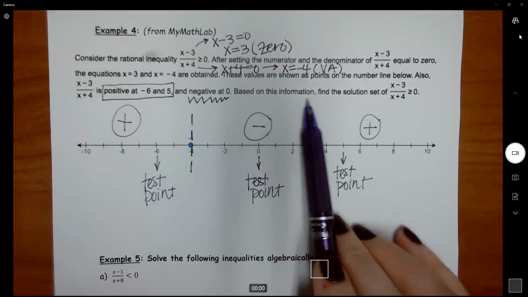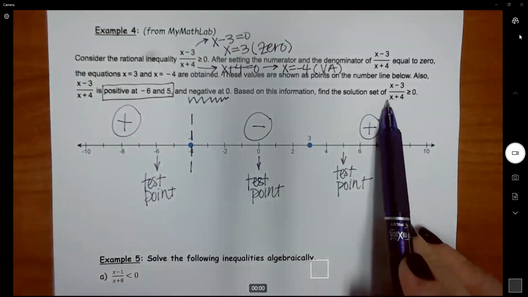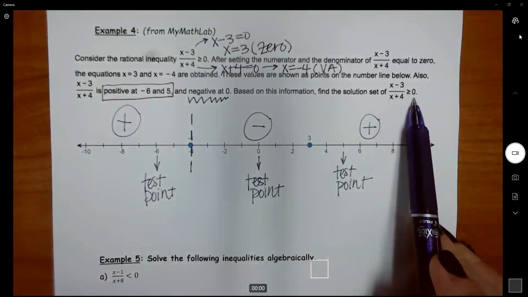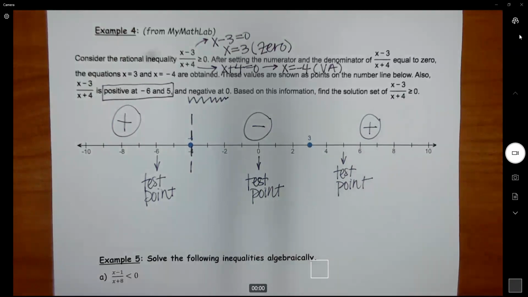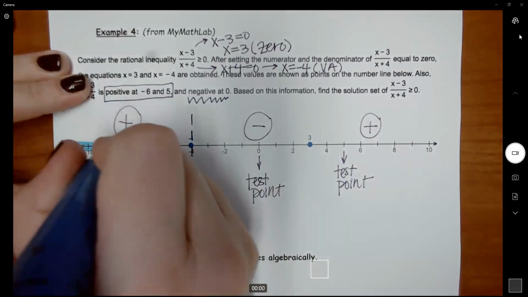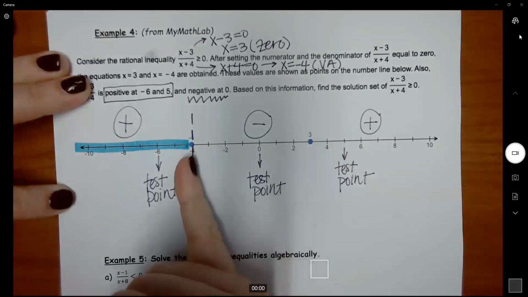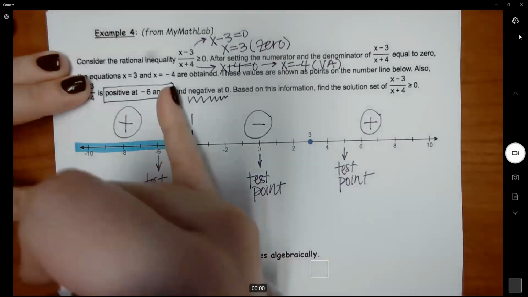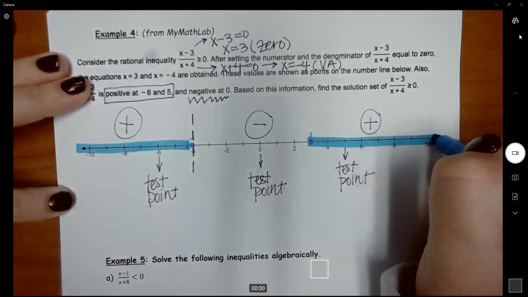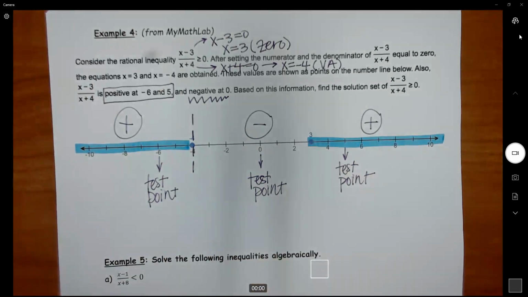Based on this information, find the solution set of (x minus 3) over (x plus 4) is greater than or equal to 0. So we are talking about this portion here, not including that negative 4 because of that vertical asymptote. And this portion here, notice including that 3, that point.